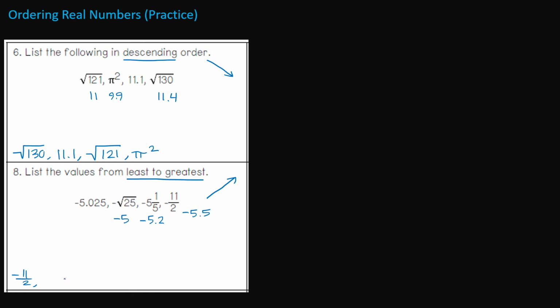Then we have negative 5 1/5. The next least number would be negative 5.025. And last is the negative square root of 25. And there you go. If you'd like additional practice, we have numbers 7, 9, and then 10 through 12 for ordering real numbers.